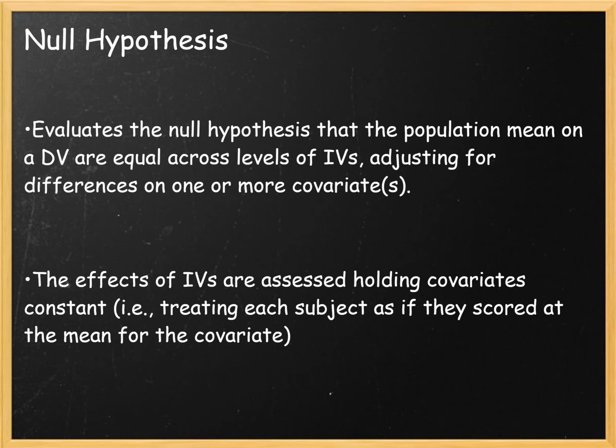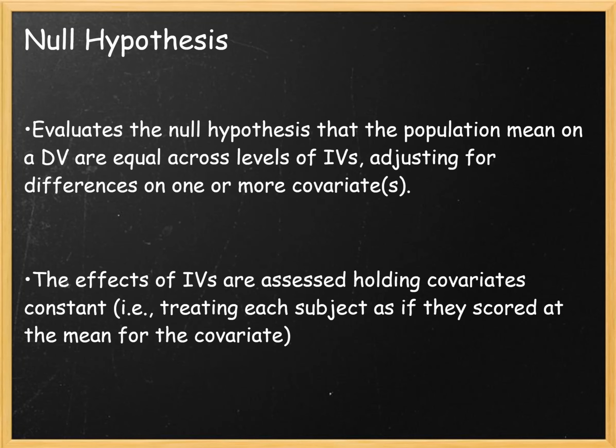Basically, the effects of the IVs on the DV are assessed by holding the covariates constant at their mean. So that is to say, to treat each subject as if they scored at the mean level for the covariate.